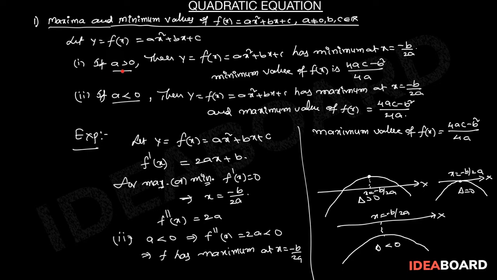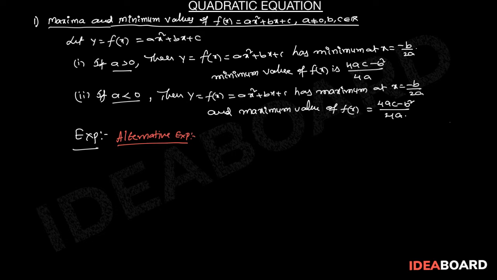If a is greater than 0, f has a minimum at x = -b/2a, and the minimum value is (4ac - b²)/4a. If a is less than 0, f has a maximum at x = -b/2a, and the maximum value is (4ac - b²)/4a.